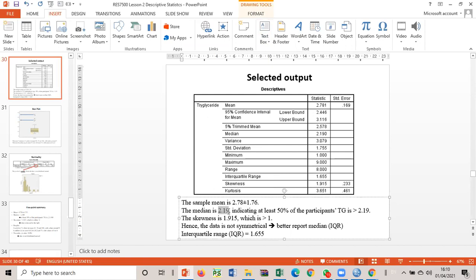How do you interpret the median 2.19? How do you interpret this median value?